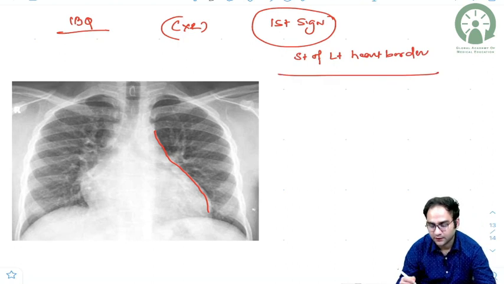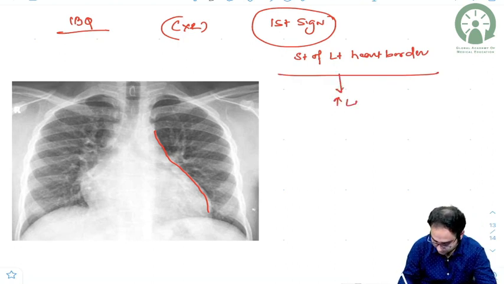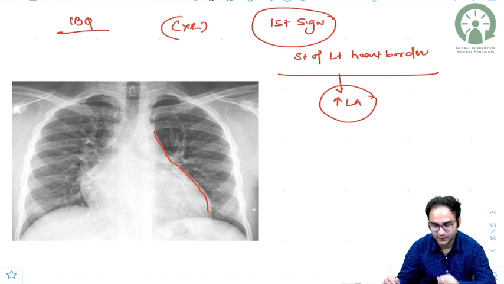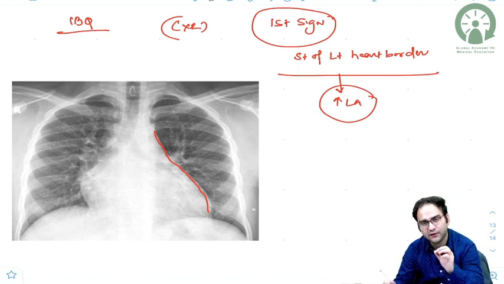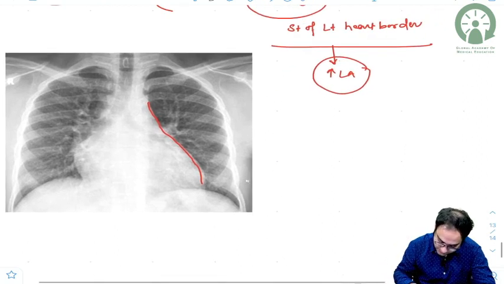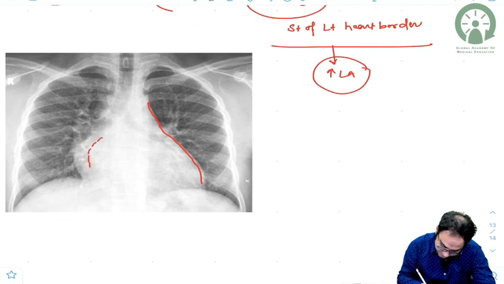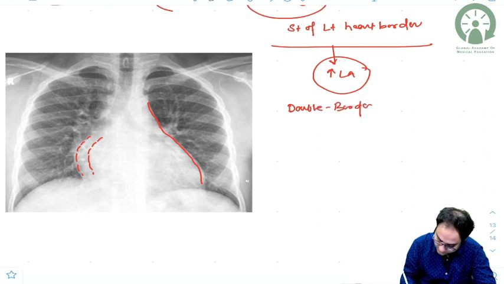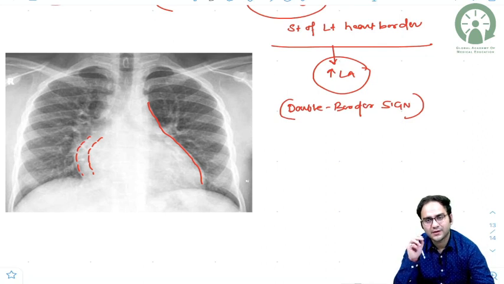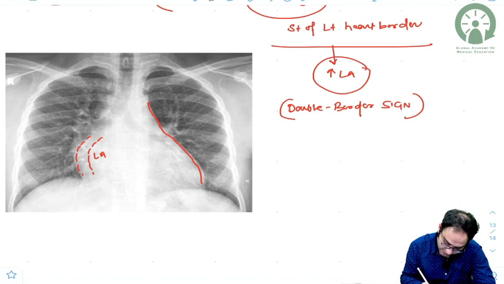This is basically due to the enlarged left atrium. What else can you get? You can get what is known as the double border sign. The double border sign is due to the enlarged left atrium, and this is the enlarged left atrium shadow and this is the right ventricular shadow.